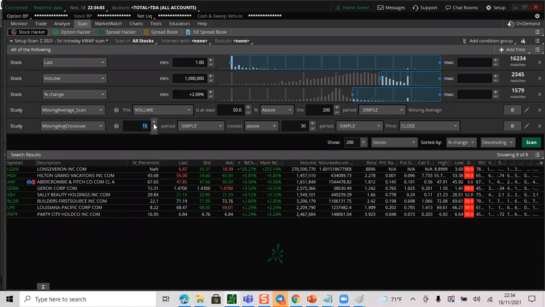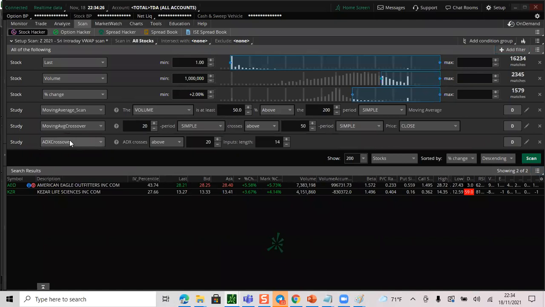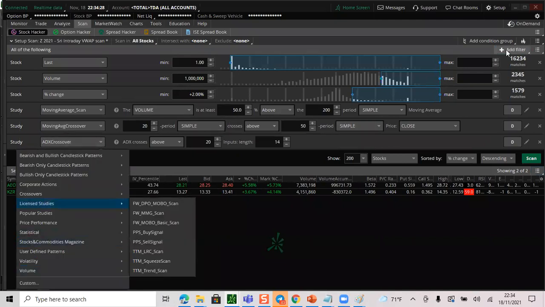If 20 above 50, I'm going to buy some stocks, right? So this is what I see. And again, volume is another culprit. You can add some stocks with a good market cap. I can add it right here.